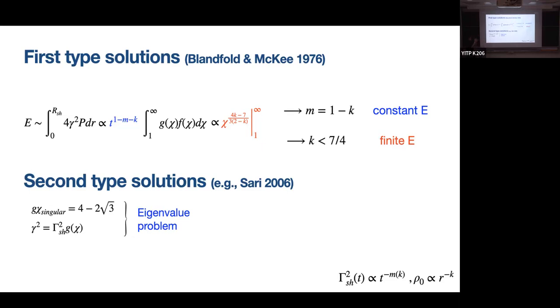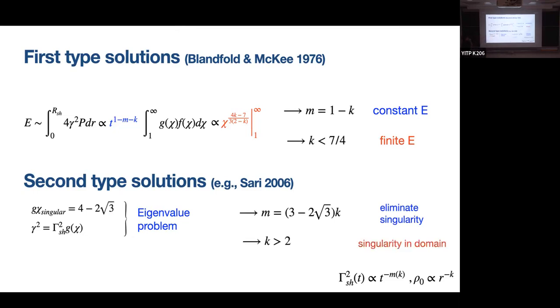As I increase k, as the density profile becomes even steeper, I have this singularity in my equations, and this is again my eigenvalue problem, where I'm requiring that the solution passes smoothly through the singularity, so I eliminate the singularity, and immediately I get the value of m, the similarity exponent that I'm looking for.